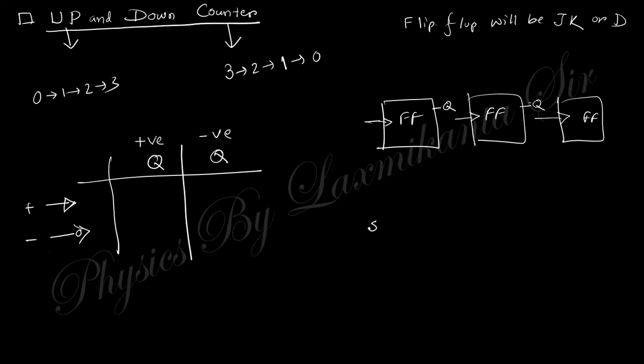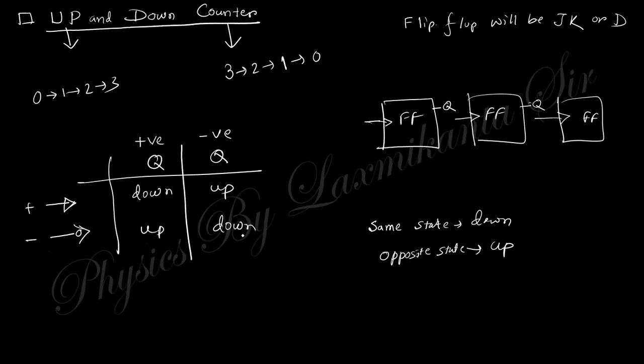If the same state, then down counter, and opposite state, you will get up counter. So these are the same, so you will get down. These are the opposite, so this will be up. So using this simple concept, you can tell whether this counter is an up counter or down counter, just by taking into consideration the clock pulse and the Q value.